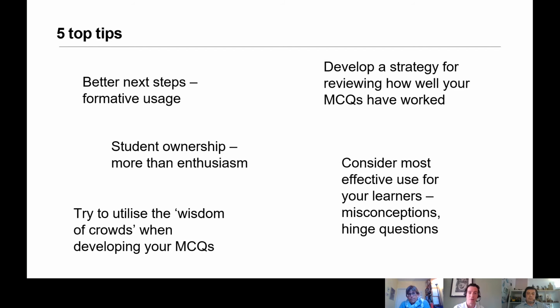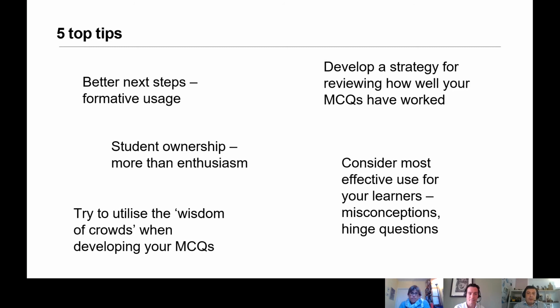There's also a lot of useful statistical data that you could collect about how the multiple choice questions have worked. These are quite easily calculated on spreadsheets and so on. They give you some really useful information about how difficult the MCQs were for students, how well they discriminated between the better students and the ones that didn't perform so well. So there's a lot of useful information around that, and developing a strategy to pick up on issues and the positive elements of how they've worked is something that I would definitely recommend.